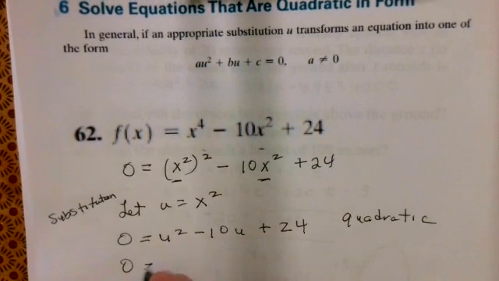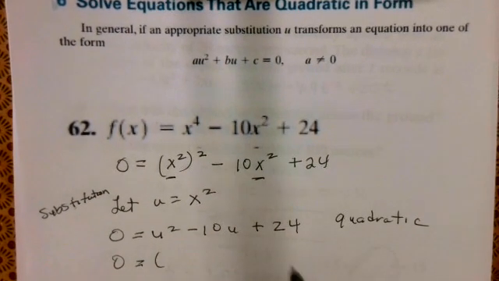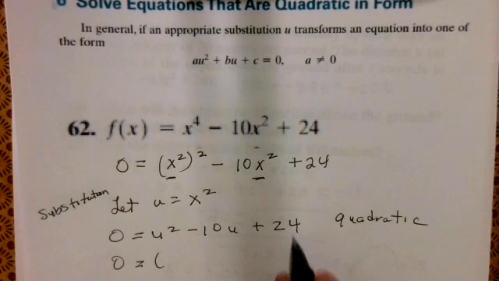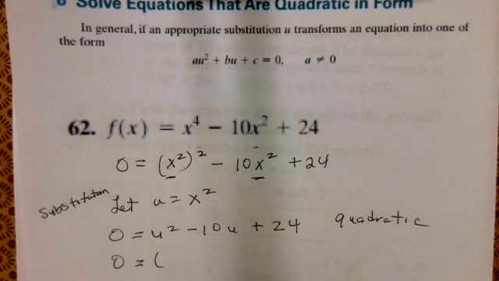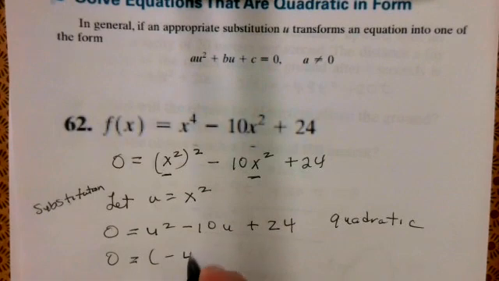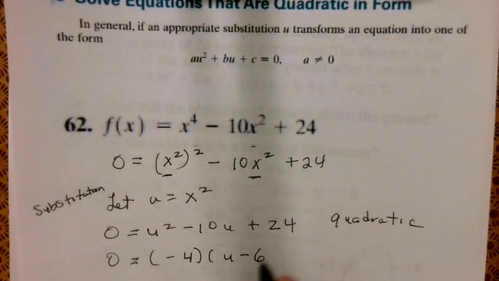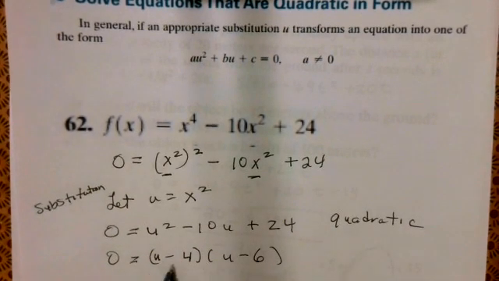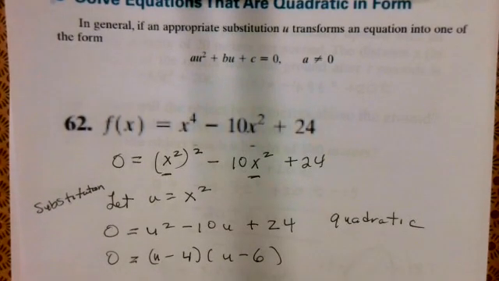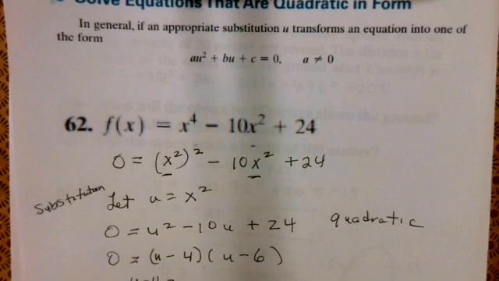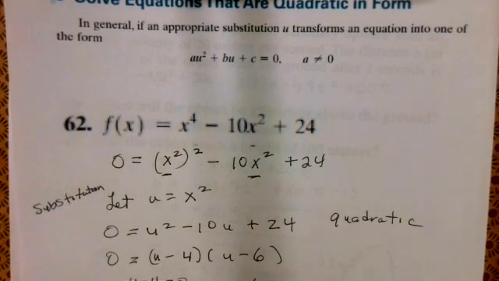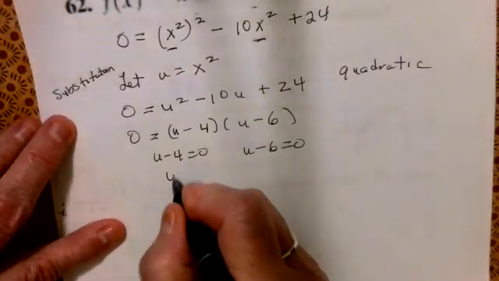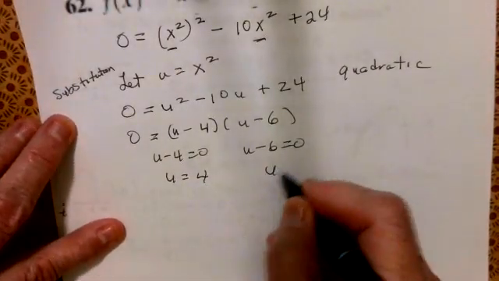We want two numbers whose product is positive 24 and whose sum is negative 10. So I think we can use u minus 4 times u minus 6. That would be u squared minus 6u minus 4u plus 24. That'll work. So u minus 4 equals 0, u minus 6 equals 0, so u equals 4 and u equals 6.